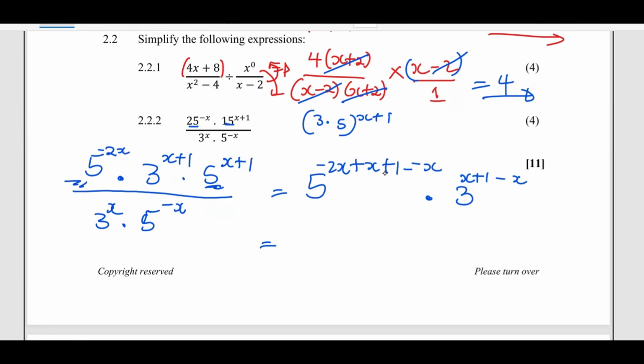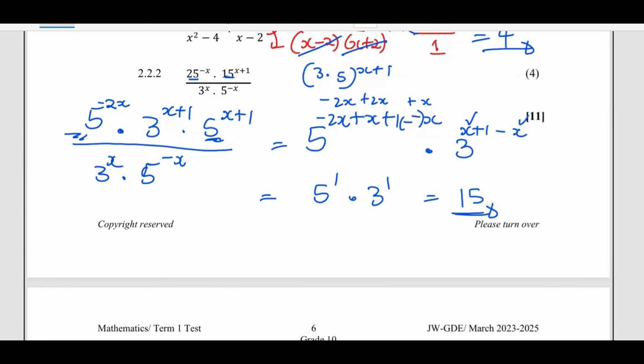So we know that this and that is going to give us a plus x. So 1x and 1x becomes 2x. So it's going to be minus 2x plus 2x, which is 0. So 5 to the 1 times 3 to the 1, because this x is going to cancel that x. And then our answer becomes just a mere 15. So question 2 is answered.